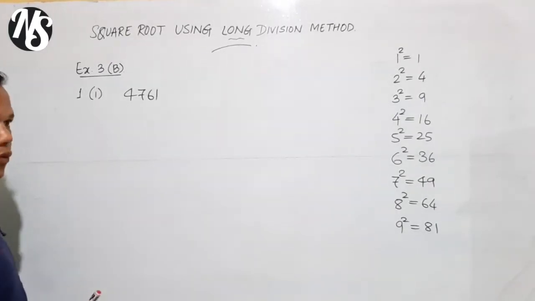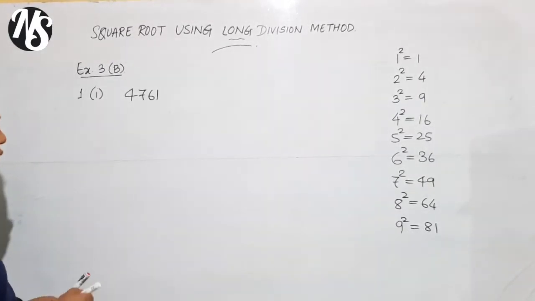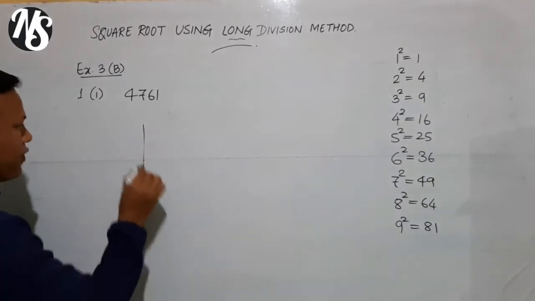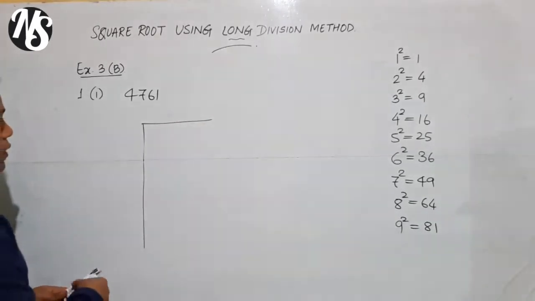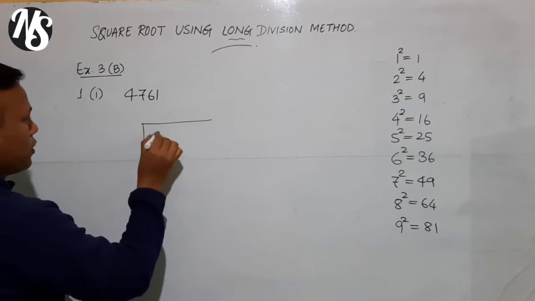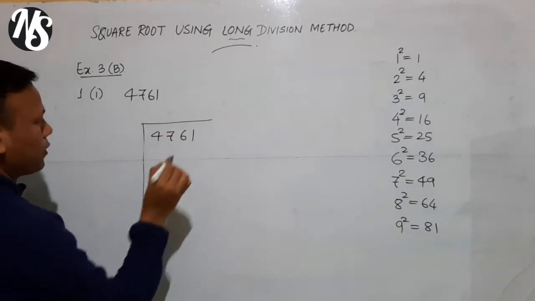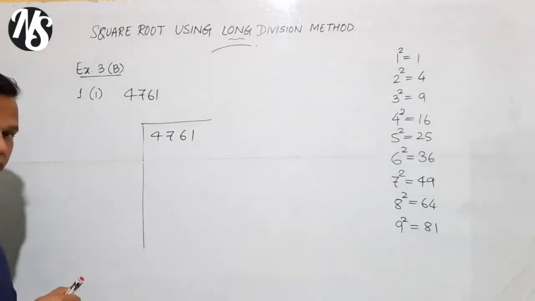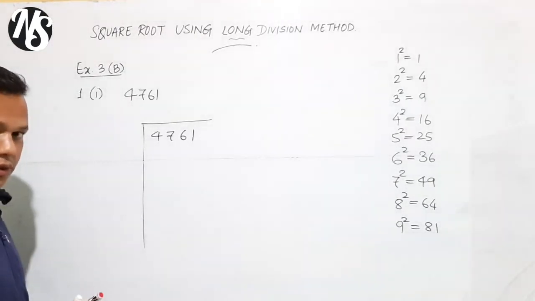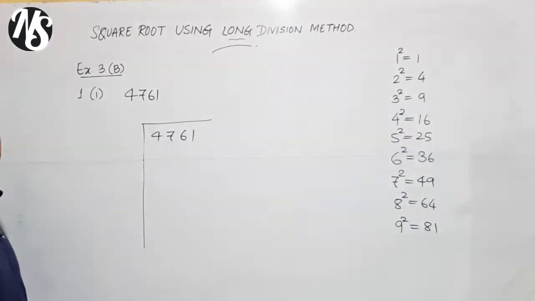For division, we will first draw something like this, and note down this number here: 4761. Now I said that you have to form pairs of two digits from the rightmost corner.